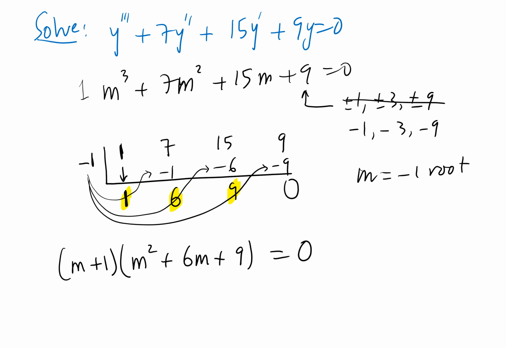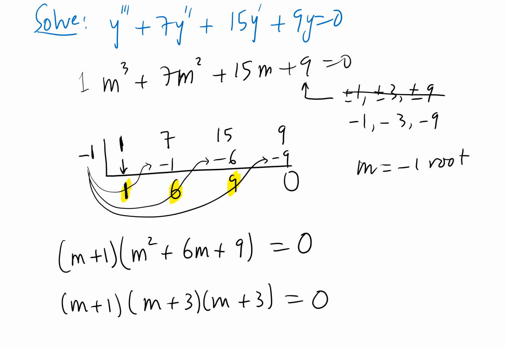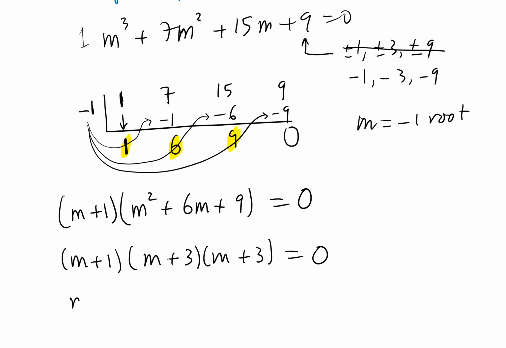And what do we do next? This is m plus 3 times m plus 3. So m1 is -1, and m2 is the same as m3, which is -3.